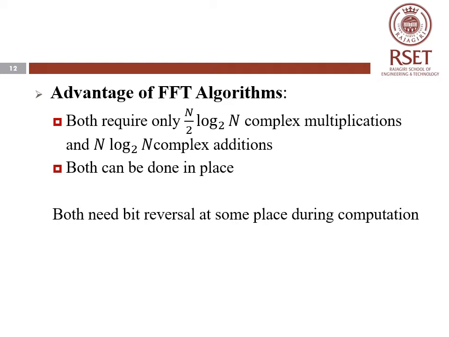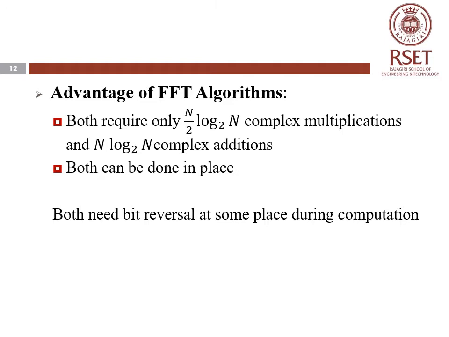Both decimation in frequency and decimation in time can be done in place, which means that using a butterfly operation, a pair of complex inputs a, b produces outputs A, B, and there is no need to store the inputs, hence we can store the outputs in the same locations as the inputs.